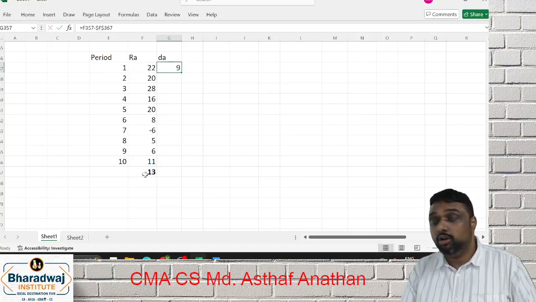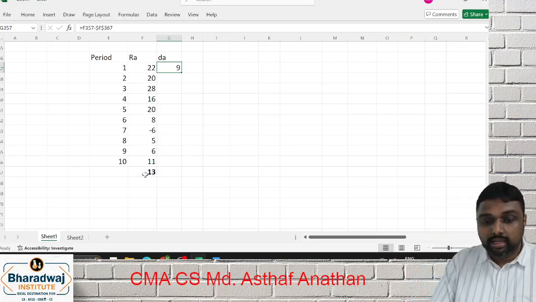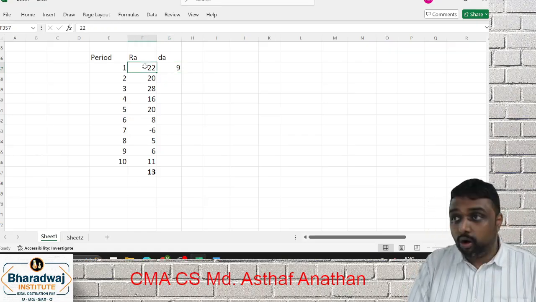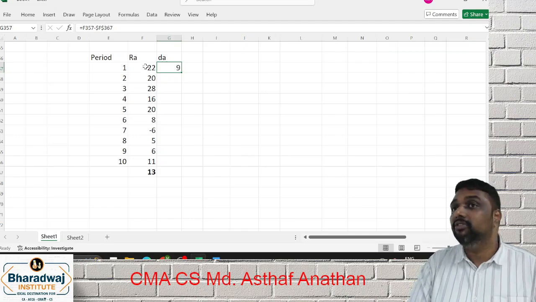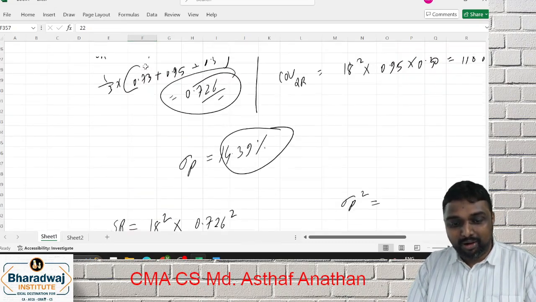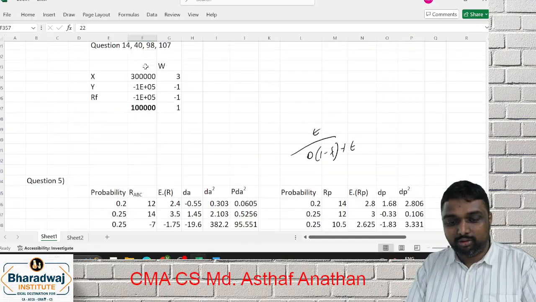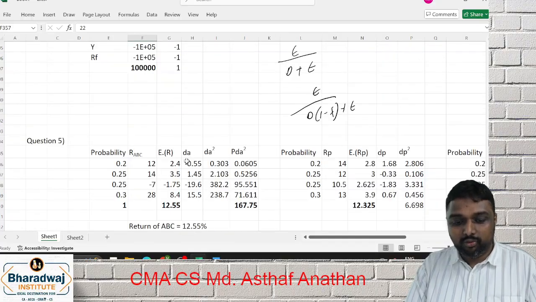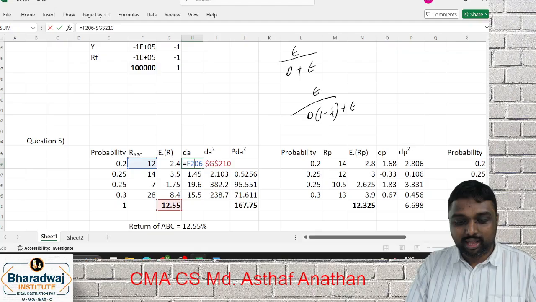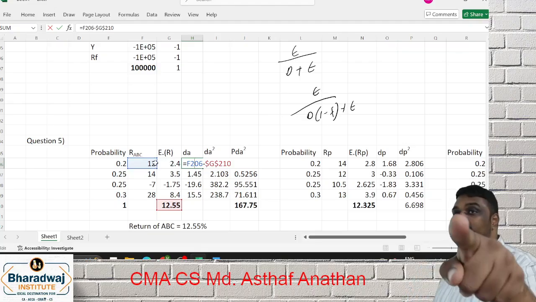This is the reason lot of students get errors. See, in this method, for this G column answer, you are taking data from the F column. The problem is, if you want deviation, you are not taking it from the H column or G, your column is the F column.